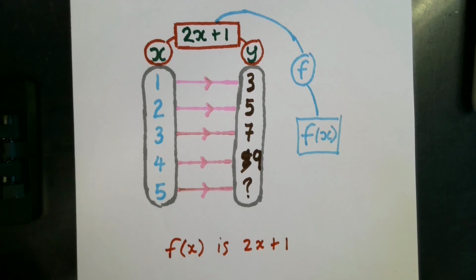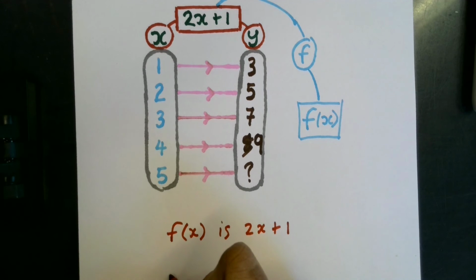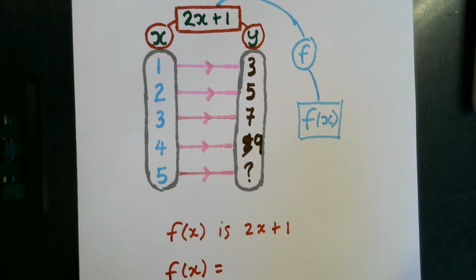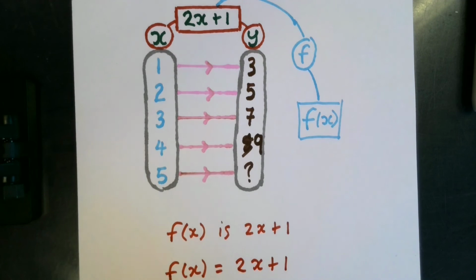Based on what we have been saying so far, f of x is 2x plus 1. All right. Now in math, we don't have to say is. We can say equal. All right. So f of x is equal to 2x plus 1. All right.